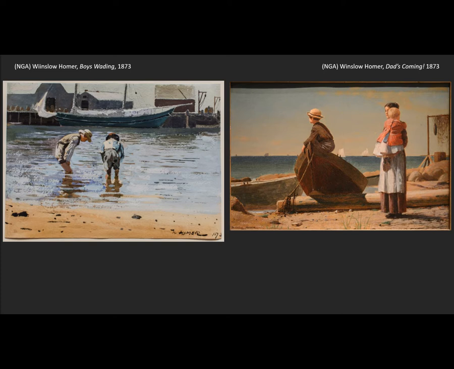The Dad's Coming picture is slightly odd in a way because there's something about it that's not quite right. We have a mother with her infant in arms, and we have a little boy, presumably hers, sitting on the prow of the boat as it's been jacked up on that log to get a better vantage point, to look for Dad's boat as he's coming home, waiting for Father.